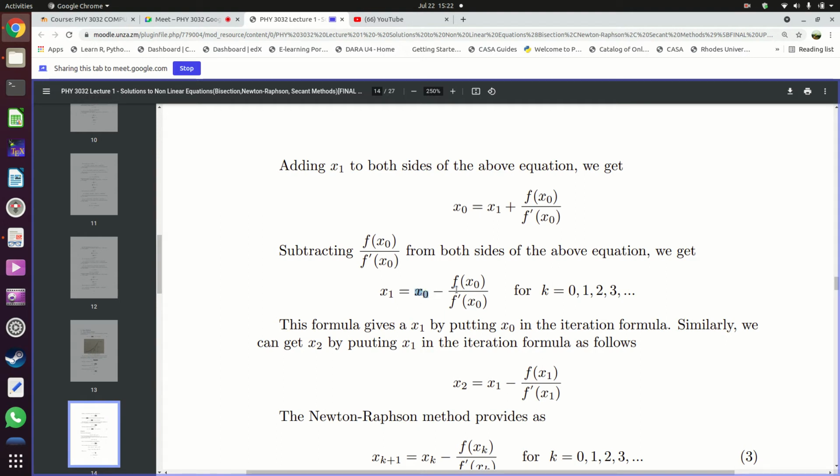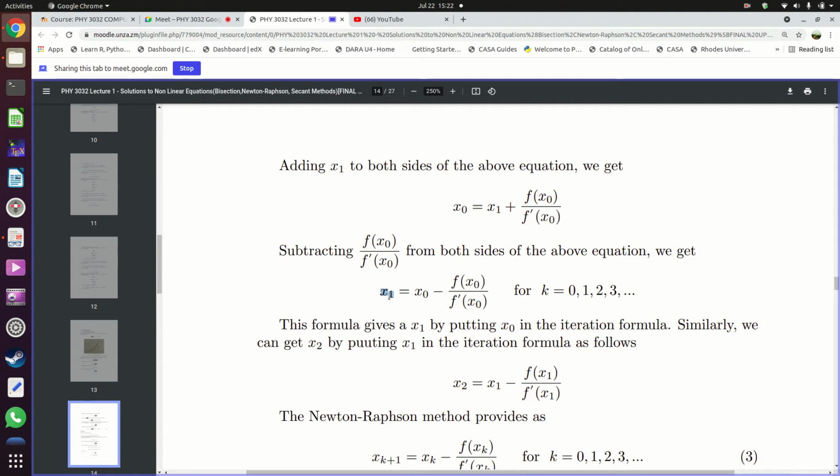Then you find out what the function is at x naught. Then you also work out the derivative, the value of the derivative at x naught. When you plug in these numbers here, you're going to get x1, which is going to be your root.